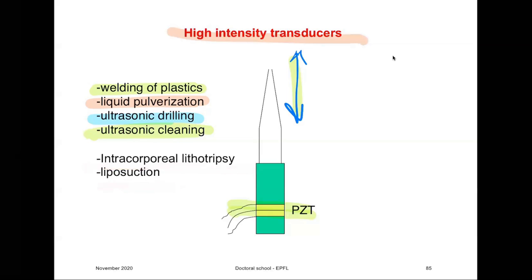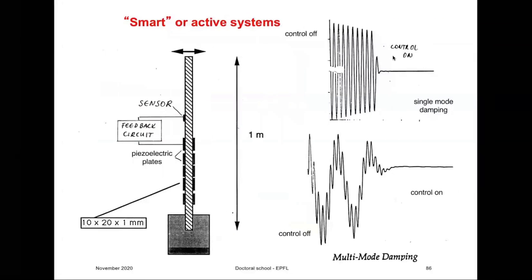So this is for melting of fat in the organism and sucking it out of the organism. High intensity piezoelectric transducers are also used for teeth cleaning, drilling, and also for pulverization of stones in kidneys. So there are many applications.